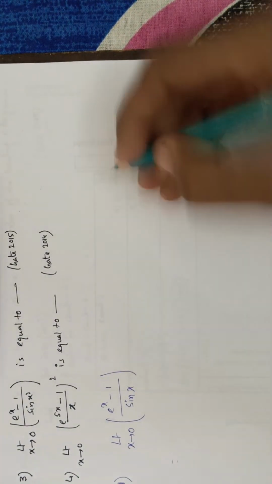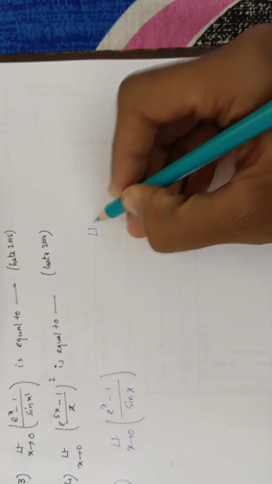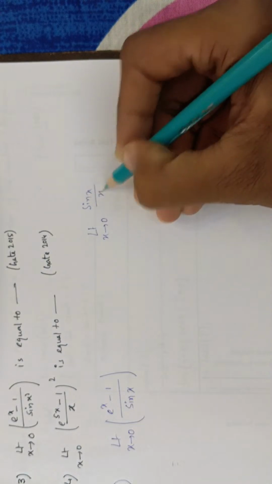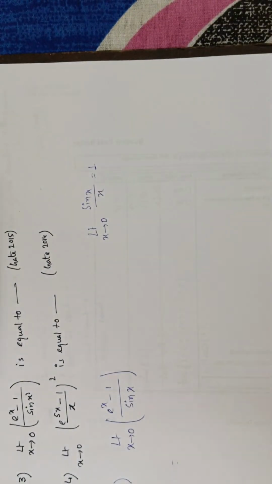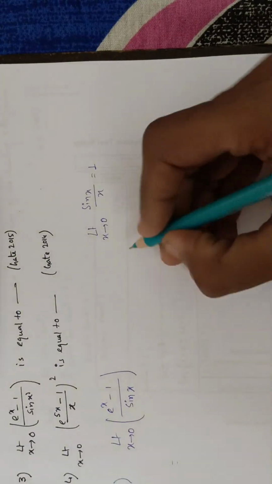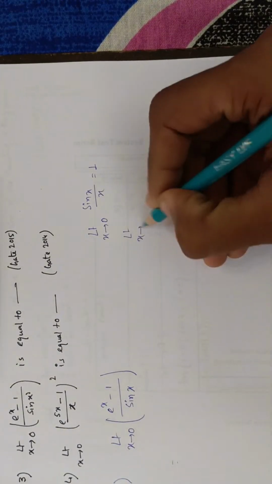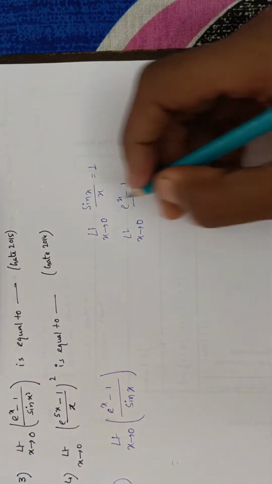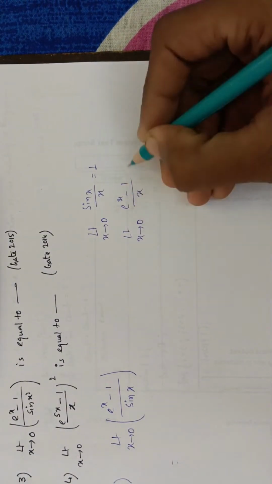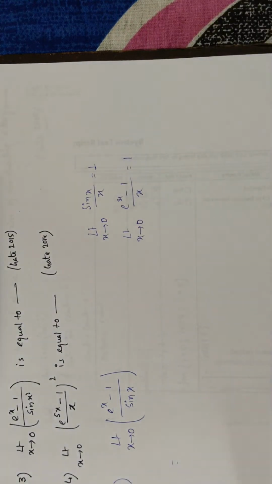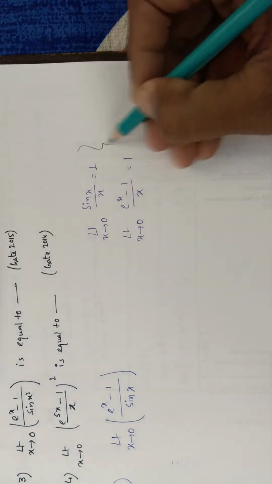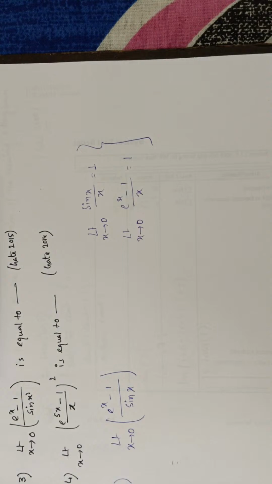For that we know two formulas: limit x tending to 0 of sin x upon x gives 1 as the answer, and also limit x tending to 0 of e to the power x minus 1 upon x also gives 1. These two are basic formulas we also know.